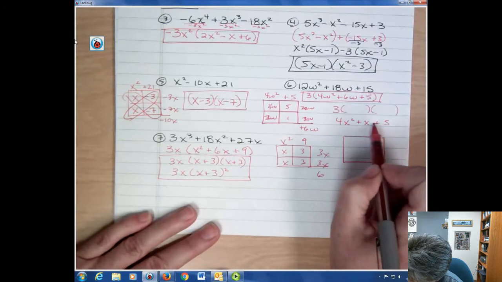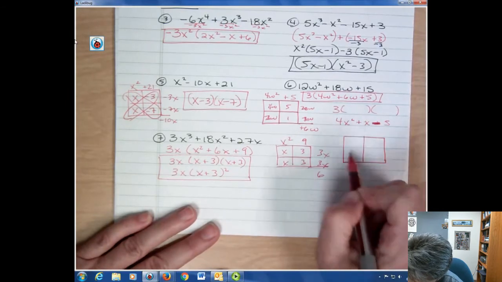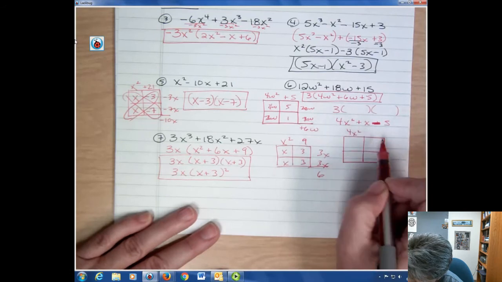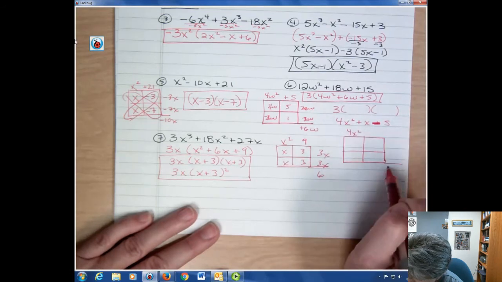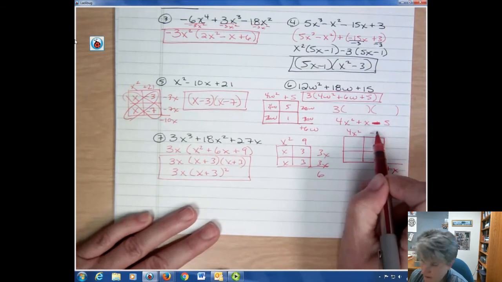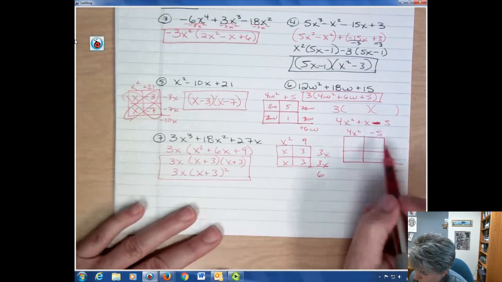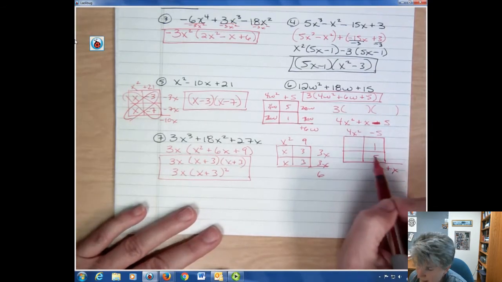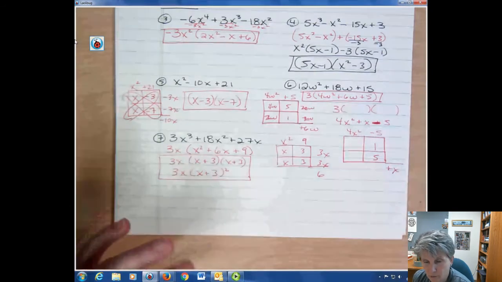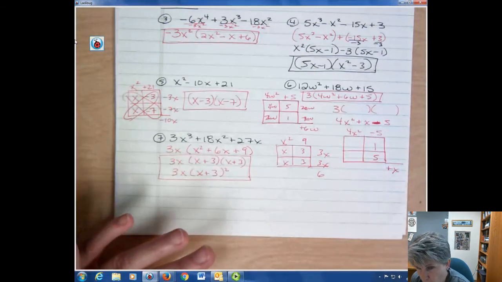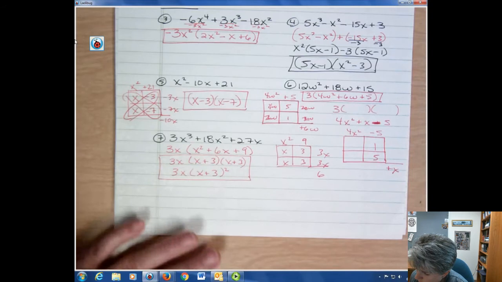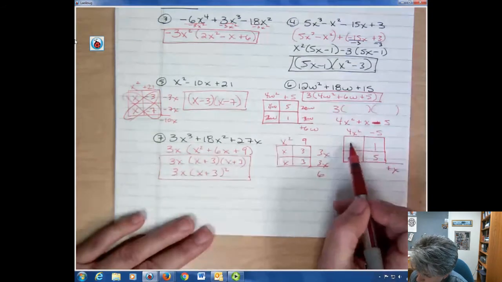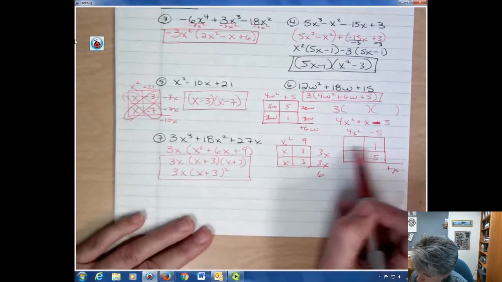So I have 4x squared here, and I have positive x down here, and I have negative 5 up here. Well, negative 5, the only thing I could do is 1 and 5. One of those has to be negative, but I don't know which one yet, so I'm going to hold off on that. So if I was to try 2x and 2x here, I'd get 10 and 2. That wouldn't work out.